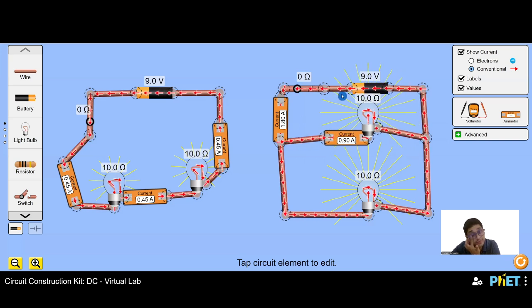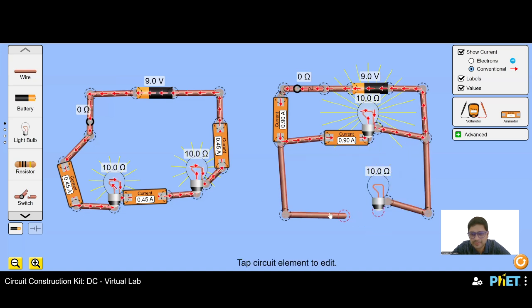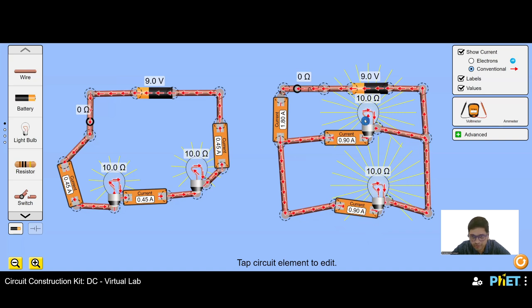The total current driven by the source is 1.8 amperes, wherein the current flowing through this light bulb is 0.9. You can guess what this is, right? It's not a difficult guess. Easy. Let me check that too. 0.9. Yeah, of course, the light bulb is the same.